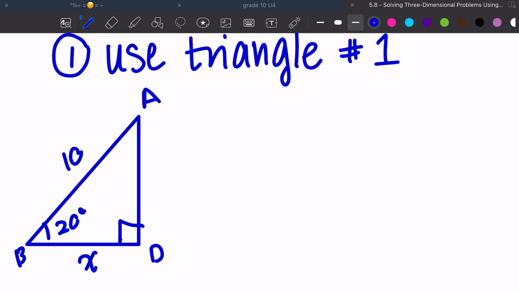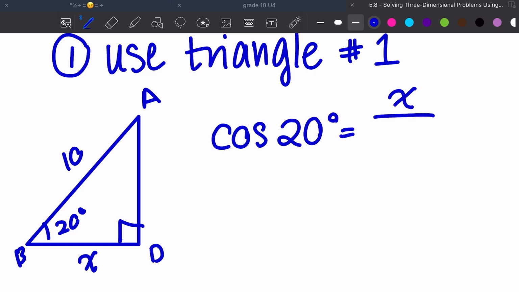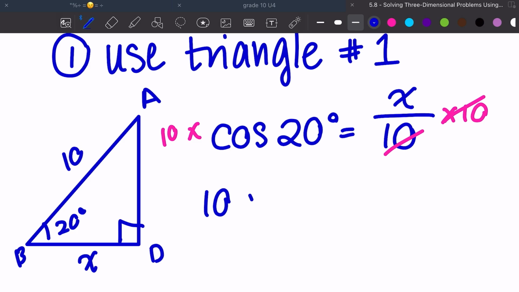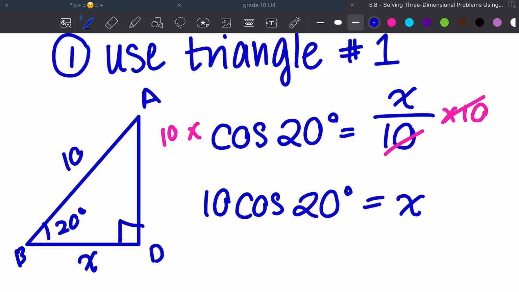Adjacent over hypotenuse. So cos 20 is equal to adjacent x all over hypotenuse 10, which, lucky for us, 10's on the bottom. We're just going to multiply both sides by 10 to get rid of it from the denominator. So it cancels out. And we're left with 10 cos 20 is going to give me x, that side length, which I get approximately 9.4.